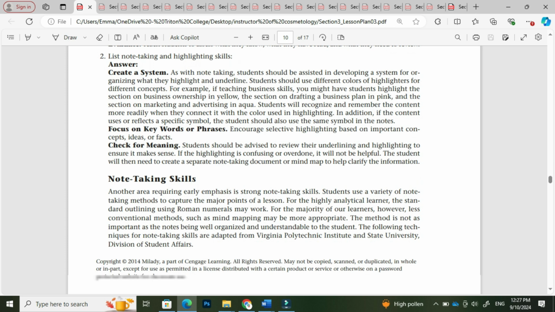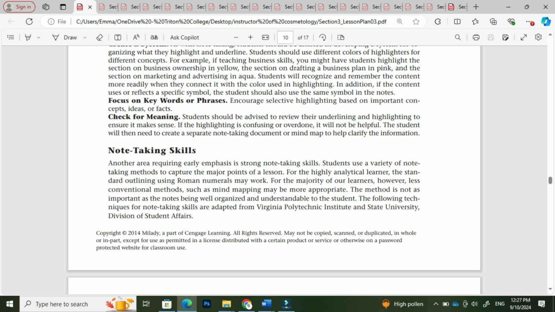Note taking skills. Another area requiring early emphasis is strong note taking skills. Students use a variety of note taking methods to capture the major points of a lesson.